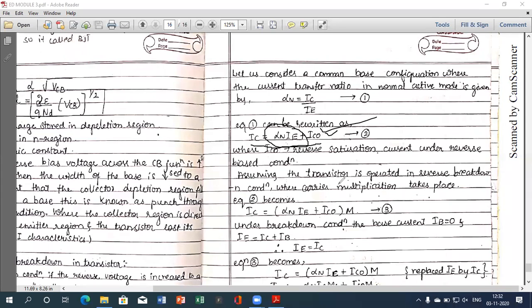Now, assuming the transistor operates in reverse breakdown condition, where the carrier multiplication takes place.